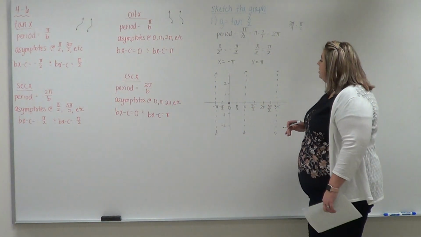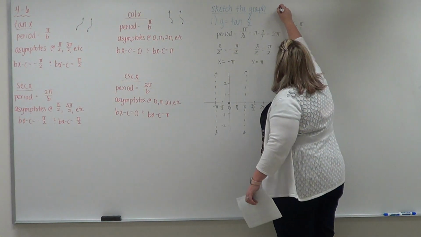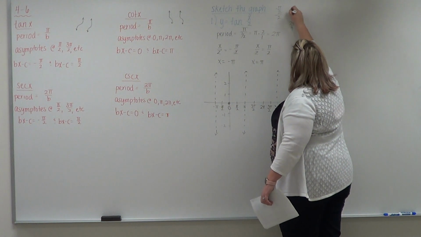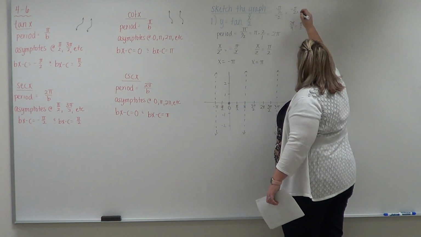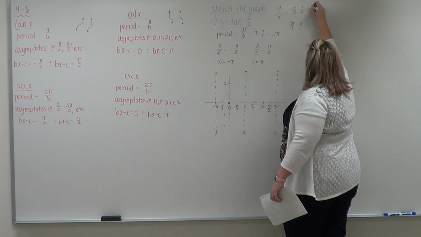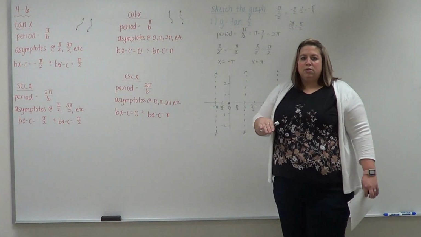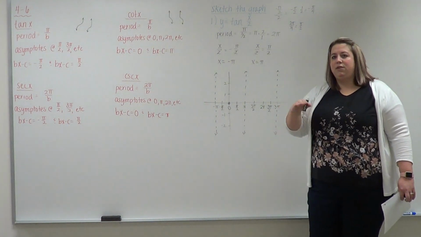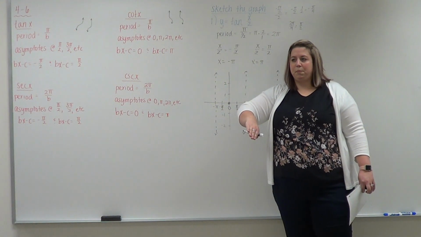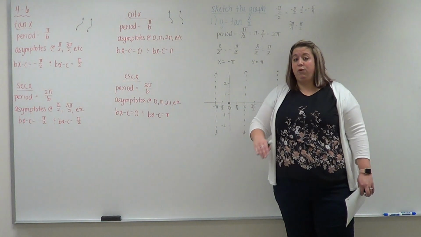So if I take negative pi over 2 and plug this in, I would have negative pi over 2 divided by 2, and dividing is the same thing as multiplying by the reciprocal. So I'm really finding the tangent of negative pi over 4. Thinking about my graph, negative pi over 4 means I go down, so that puts me in quadrant 4.